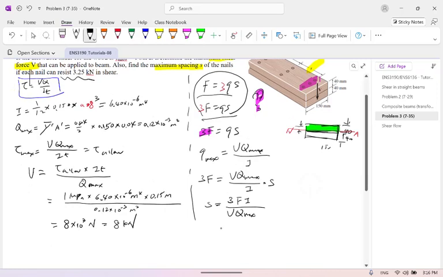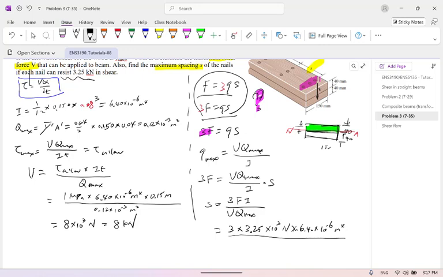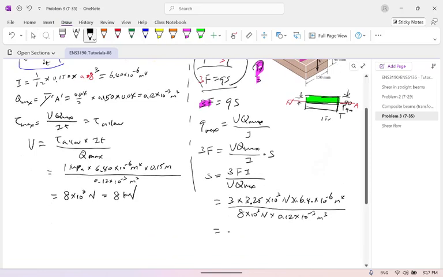From here, we can put in the values: 3 times 3.25 times 10 to the power 3 newtons, I we worked out before, 6.40 times 10 to the negative 6 meter to the power 4, over V, which we worked out as 8 kilonewton, so 8 times 10 to the power 3 newton, times Q max, we just worked out 0.12 times 10 to the negative 3 meter cubed. So this one will be 0.065 meter, so you can see this one is 65 millimeter.